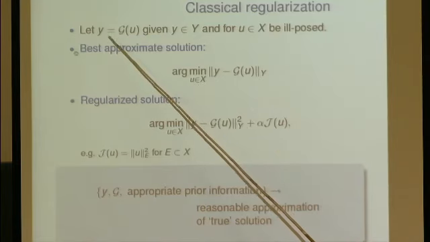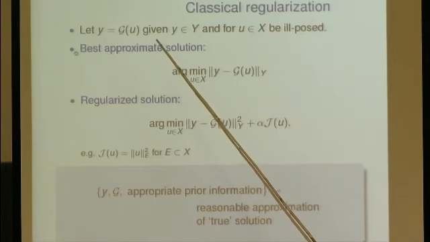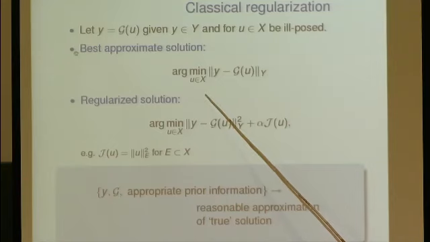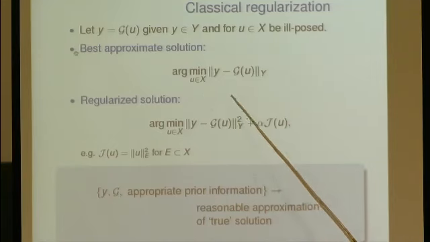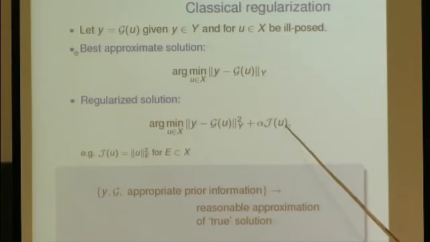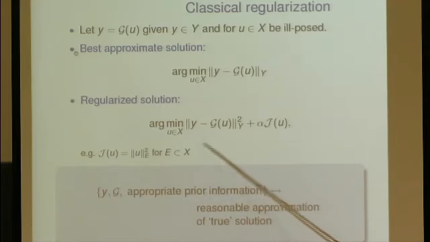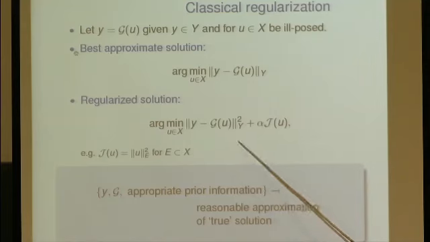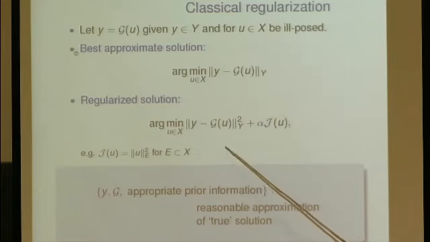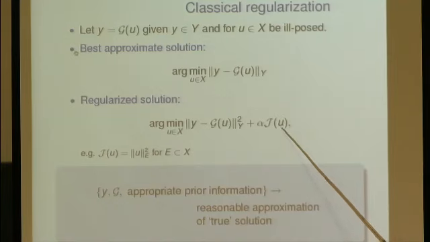I have an inverse problem which is ill-posed. The first thing I do, in case existence is the problem, is weaken my expectation of a solution. Then, assuming that I know some prior information about u, for example that it lives in a certain function space subset of X, I regularize it: I want the solution to be stable with respect to small changes in y, so I add a regularization term.